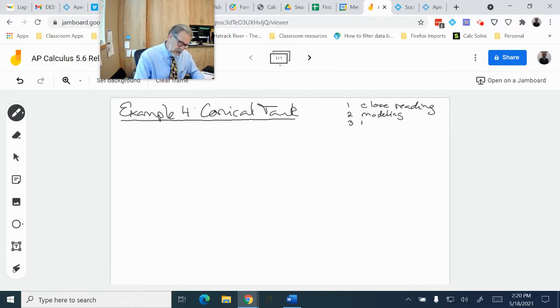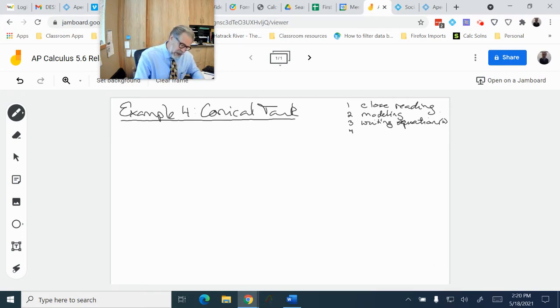Strategy 3, writing an equation, a little bit related to the modeling, but choosing the equation or equations that specifically include the information you have and the information you need to find.